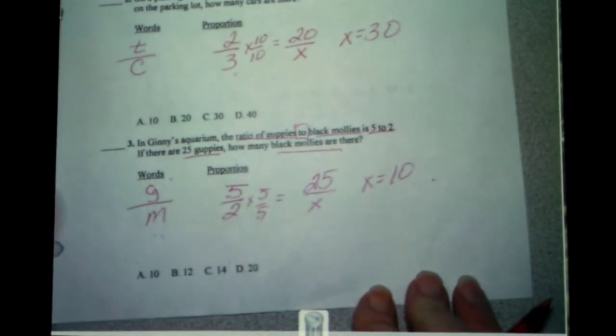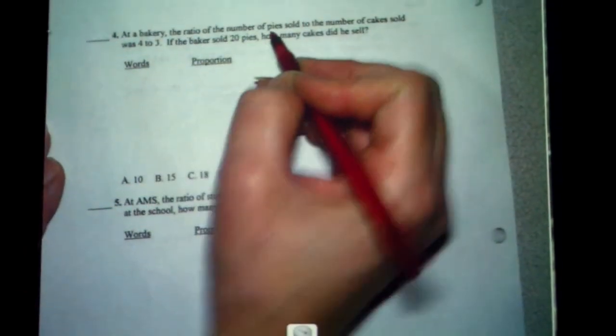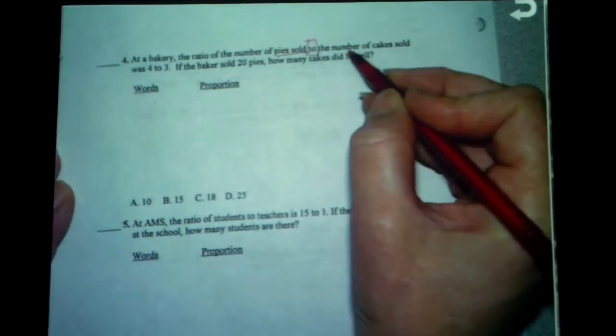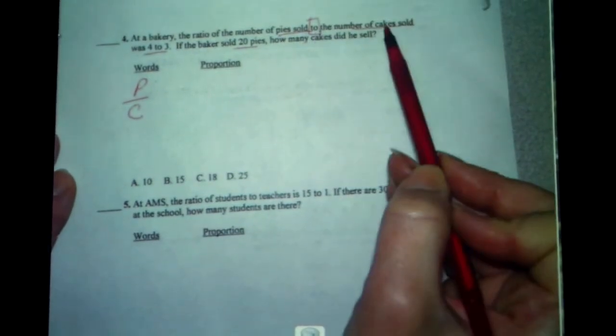Pretty easy. We'll do one more. At a bakery, the ratio of the number of pies sold to the number of cakes sold was 4 to 3. If the baker sold 20 pies, how many cakes? Okay, my words, I'm going to put pies to cakes, pies to cakes.